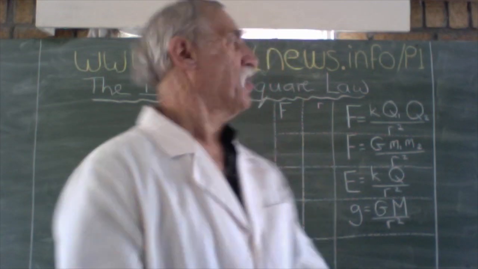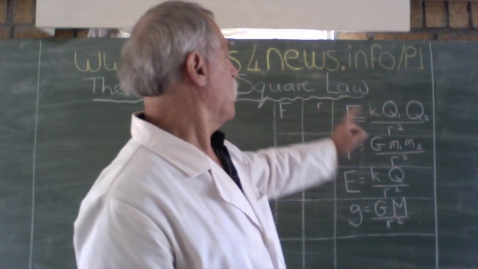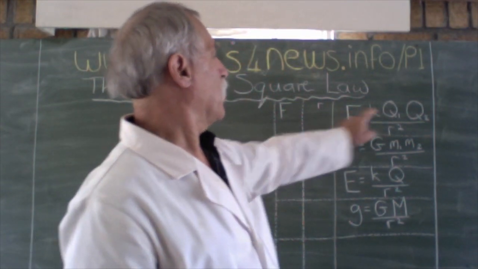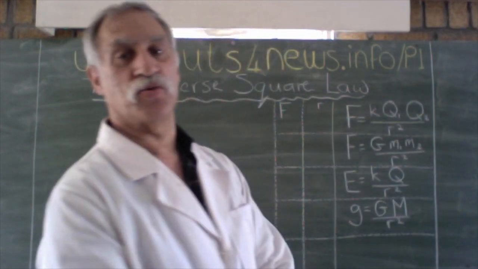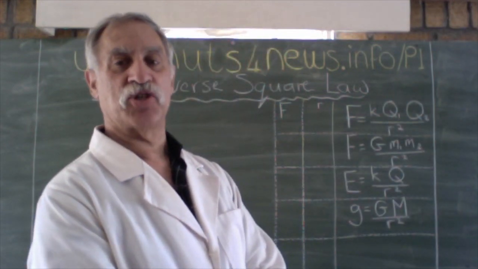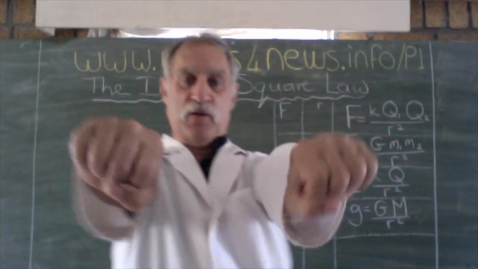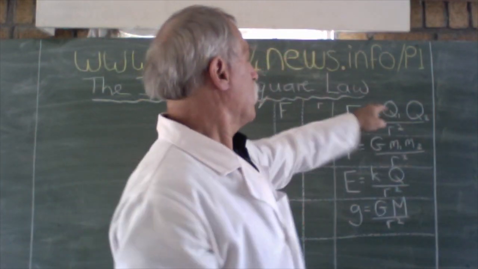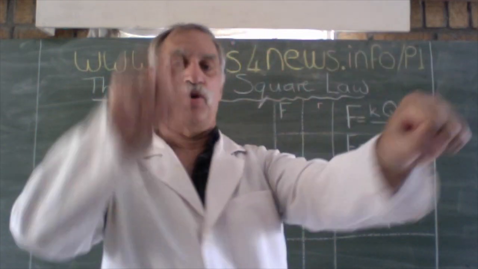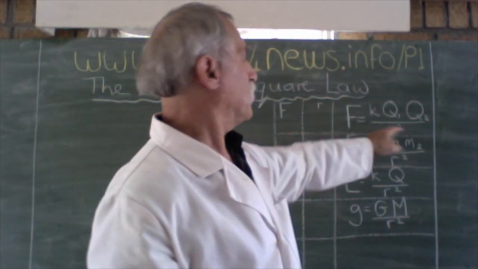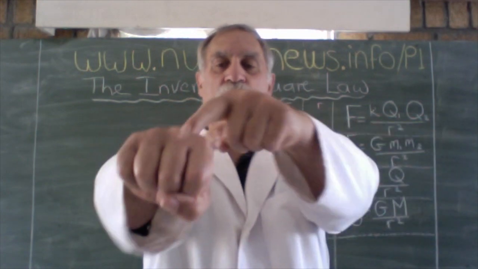Now let's have a look at our law. It says a force. Now here we have Q1 and Q2, which are electrostatic charges, between two normally spherical objects. So we could represent them like this. There's Q1, there's Q2, and there's a distance between their centers.